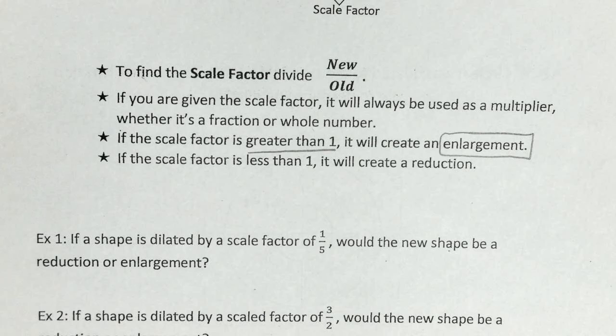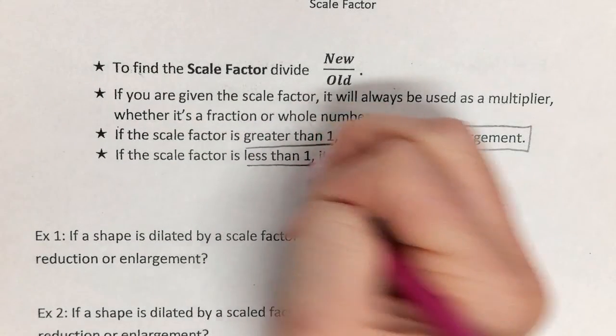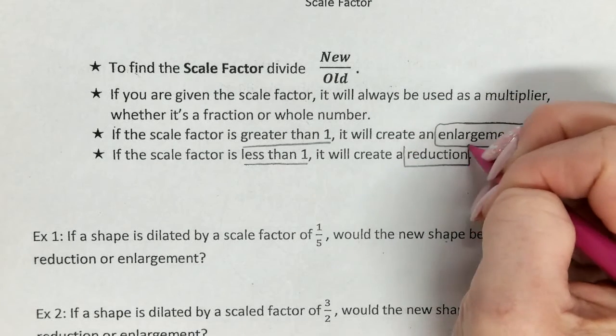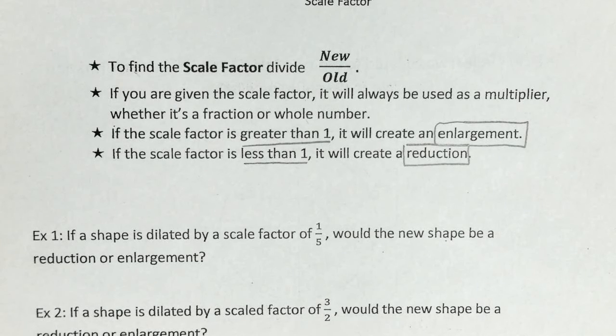Just like I showed y'all. 10 times 2 made it bigger and made it 20. But if the scale factor is less than 1, it's going to make a reduction. What does reduction mean? Smaller. Okay? Just like when I multiplied 10 times 0.2.